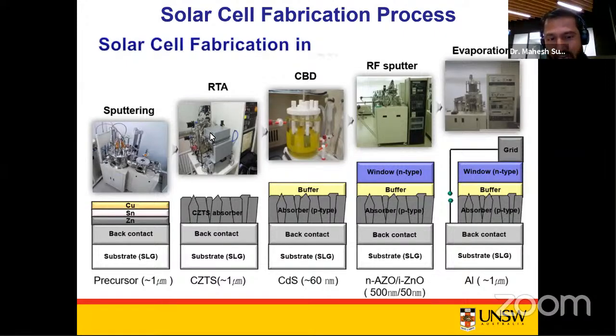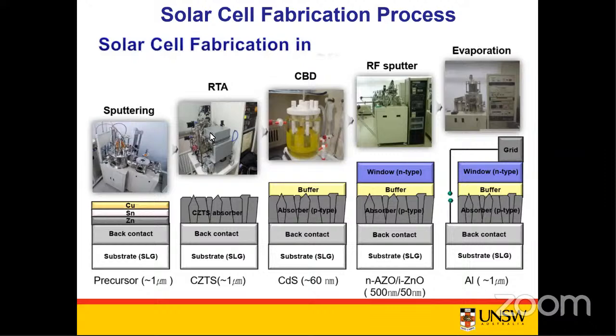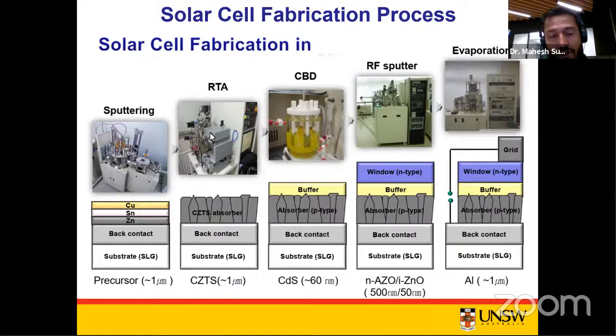Usually this polycrystalline CZTS or CZTSSe forms in the temperature range of about 500 to 580. Below that, you may get secondary phases of copper antimony sulfide or zinc sulfide. So the answer to your question is, you need to optimize the sulfurization or selenization temperature in order to get this copper zinc tin sulfide pure phase.